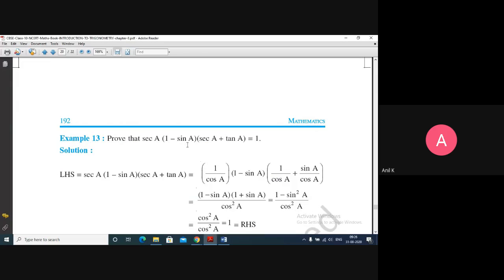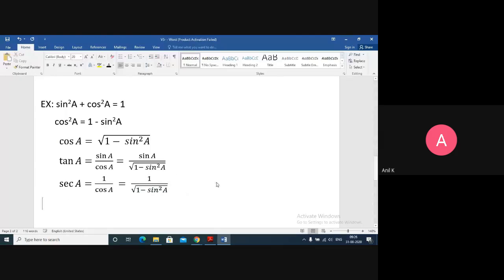Prove that sec A into 1 minus sin A into sec A plus tan A equals 1. Let me copy the next example.